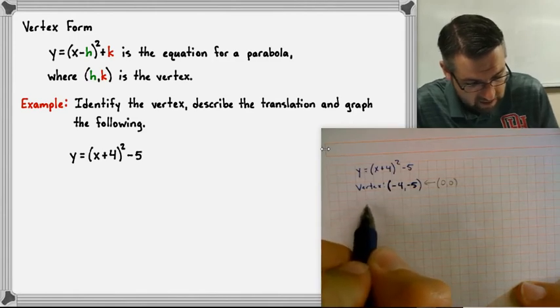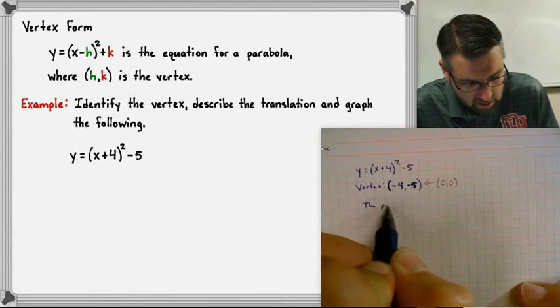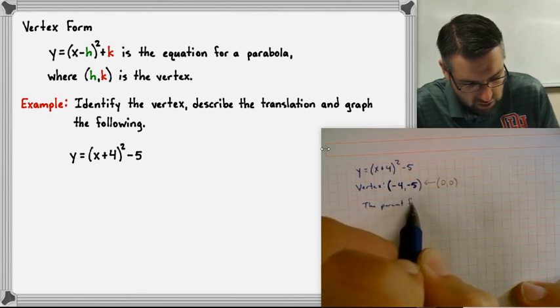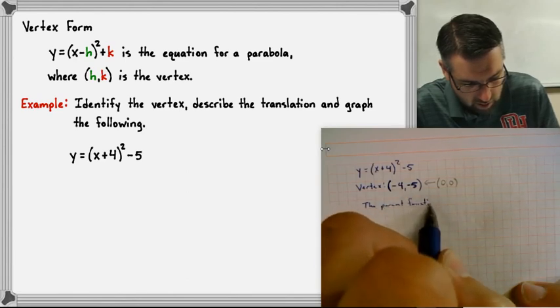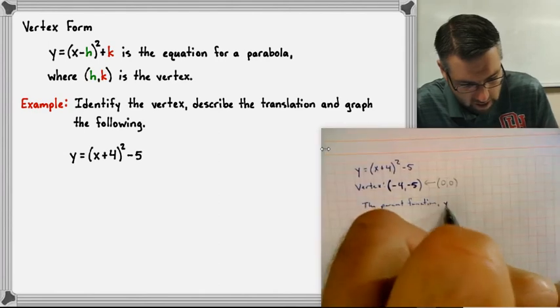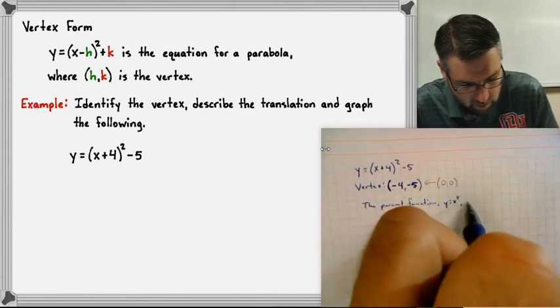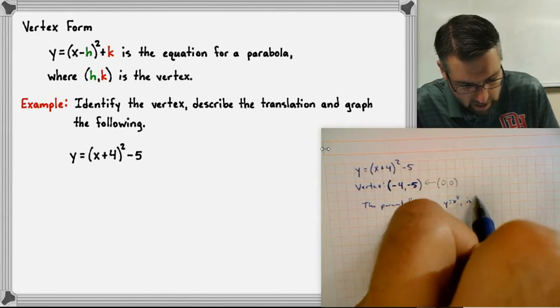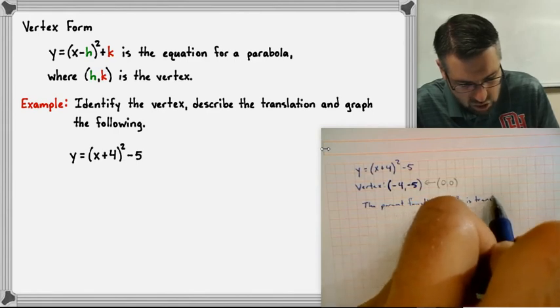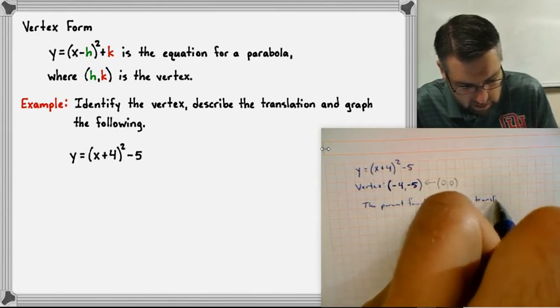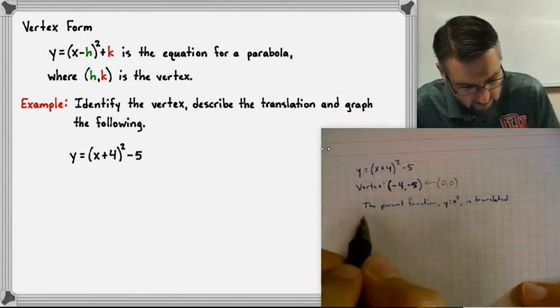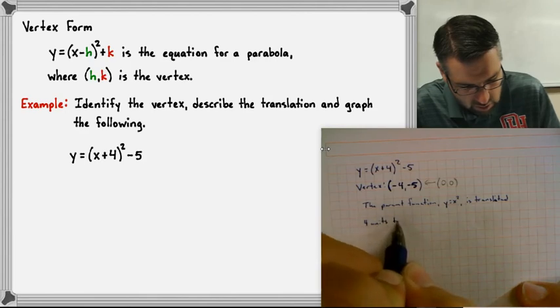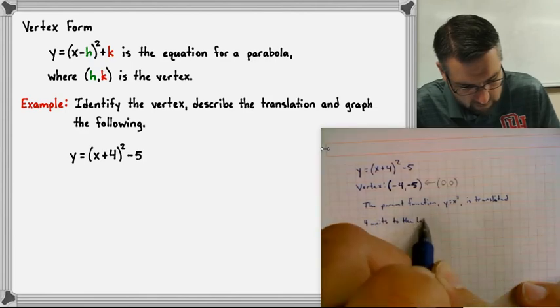Well, I have to say that the parent function, and I'm going to define it, y equals x squared, is translated, which just means shifted, 4 units to the left, right?